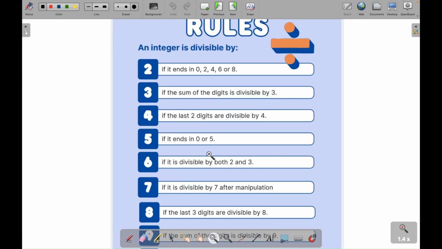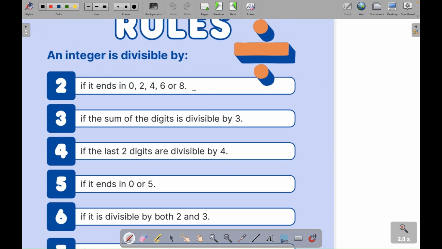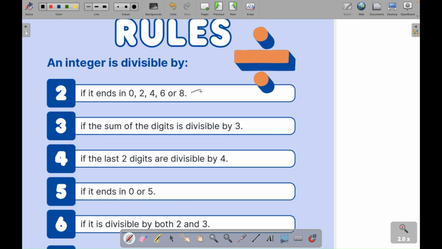Okay, so we'll now quickly revise these rules. We'll just take a number and test using these rules whether that number is divisible by these digits or not, or try finding the factors of that number. So an integer is divisible by 2 if it ends in 0, 2, 4, 6 or 8.